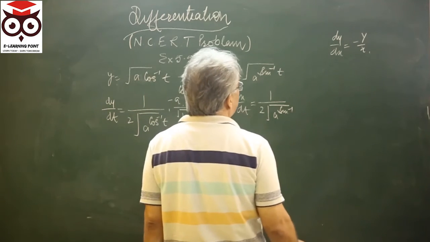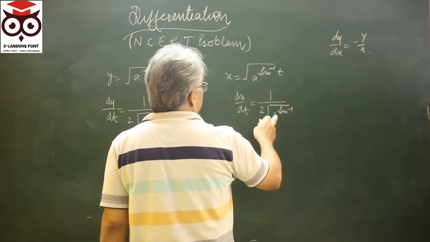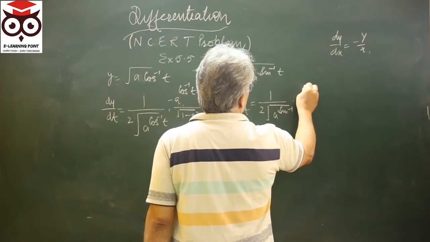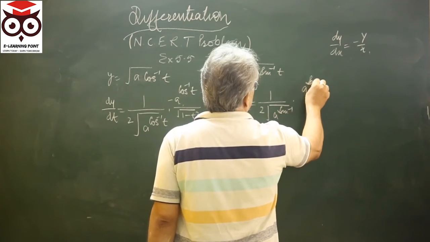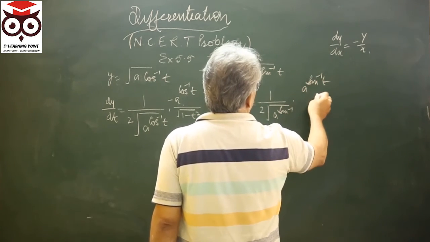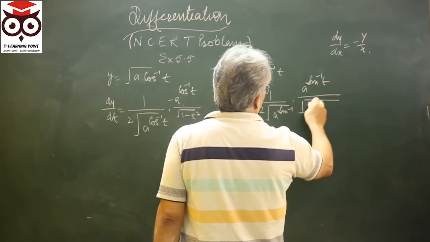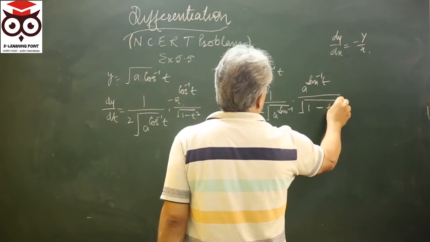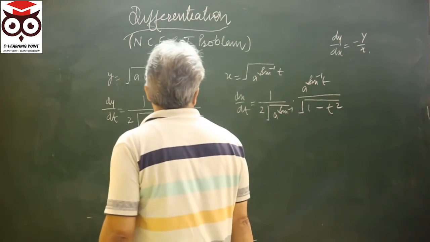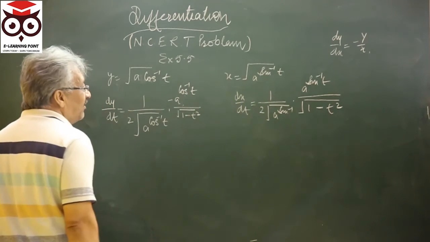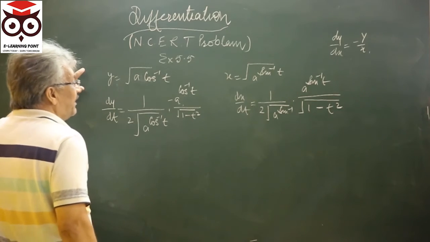Now, if I am interested to differentiate it, this is a to the power sine inverse t, and the differentiation of this is 1 upon root 1 minus t square. So this is dx by dt.